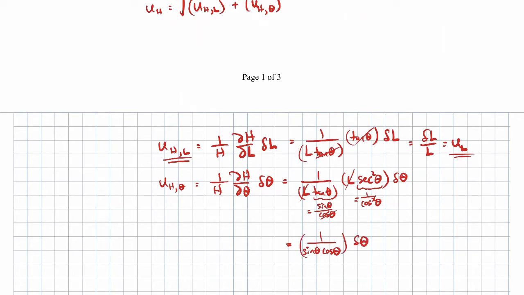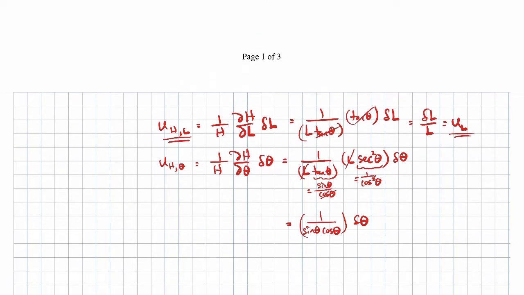And to put it in terms of the relative uncertainty in theta, I'm just going to divide by theta and multiply by theta. That just makes it a little more convenient. So we have theta over, and the other thing I can do, by the way, is use a trigonometric identity for this sine theta cosine theta. That's the same thing as writing 1/2 sine of 2 theta.